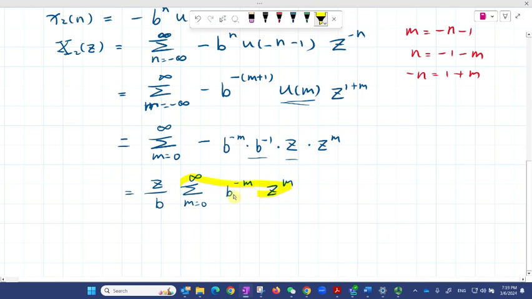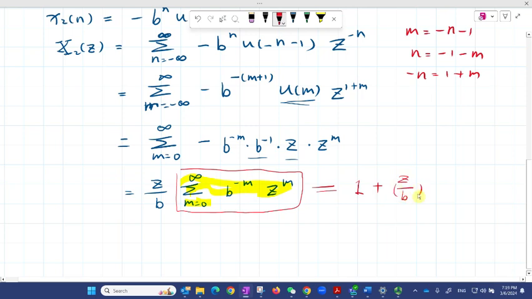With m equal to 0, everything equals 1. With m equal to 1, we get z over b, to the order of 1. With m equal to 2, we get z over b squared, all the way to z over b to the order of m.